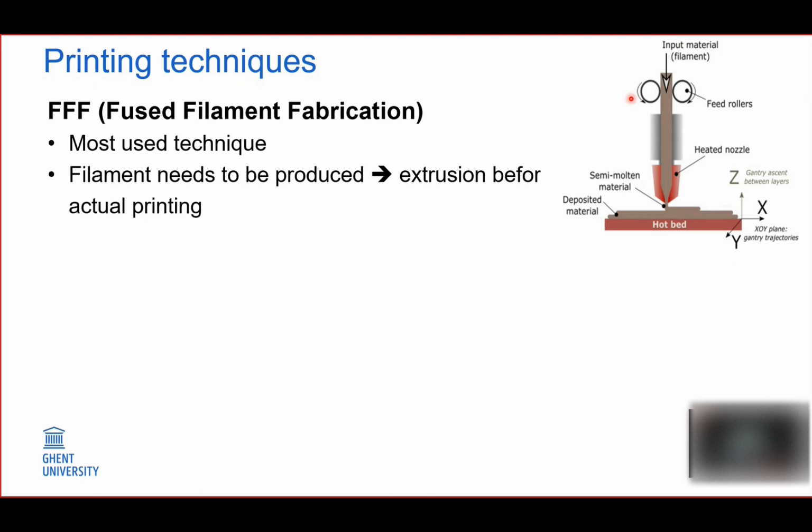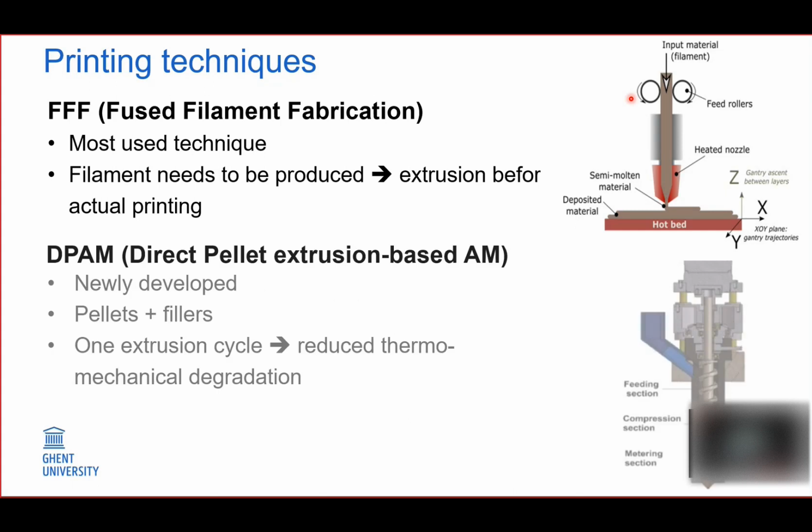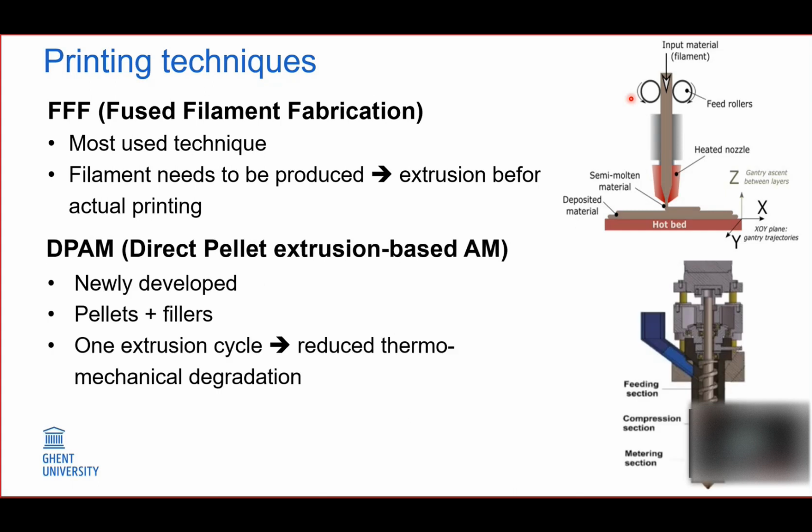First during production of the filament, and second during the actual printing process, which of course can induce the degradation of the fiber or degradation of the polymer matrix, affecting negatively our material properties. That's why in-house we developed a direct pellet-based extrusion additive manufacturing technique.